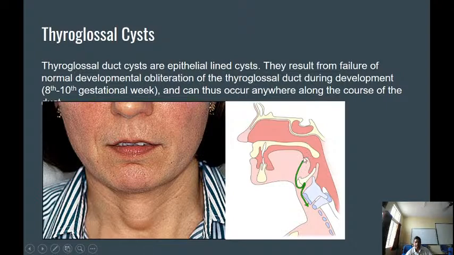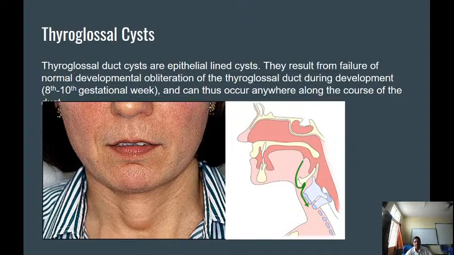So there is a tract all along which descends like that from the foramen cecum, which is situated between the anterior 2/3 of the tongue and posterior 1/3 of the tongue, and then it descends down and goes in front of the hyoid bone, in relation to the body of the hyoid bone, and goes a little retro to the hyoid, and then comes down, and ultimately the tract extends to the level of the isthmus.